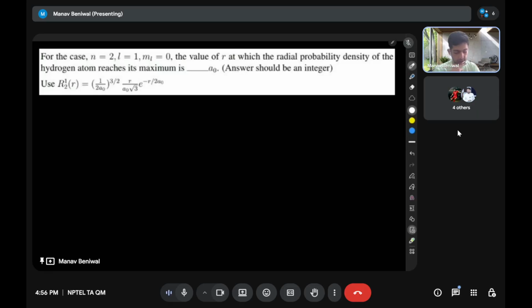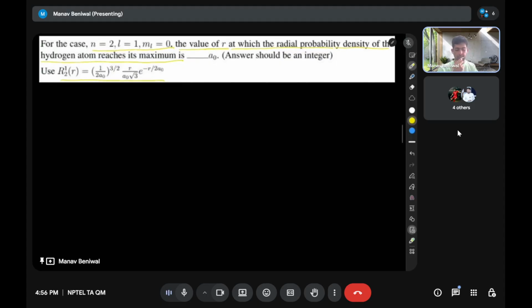We are given these values of n, l, and m for a hydrogen atom, and the question asks what will be the value of r at which the radial probability density of the hydrogen atom reaches its maximum, in terms of a naught, and we are given this wave function.